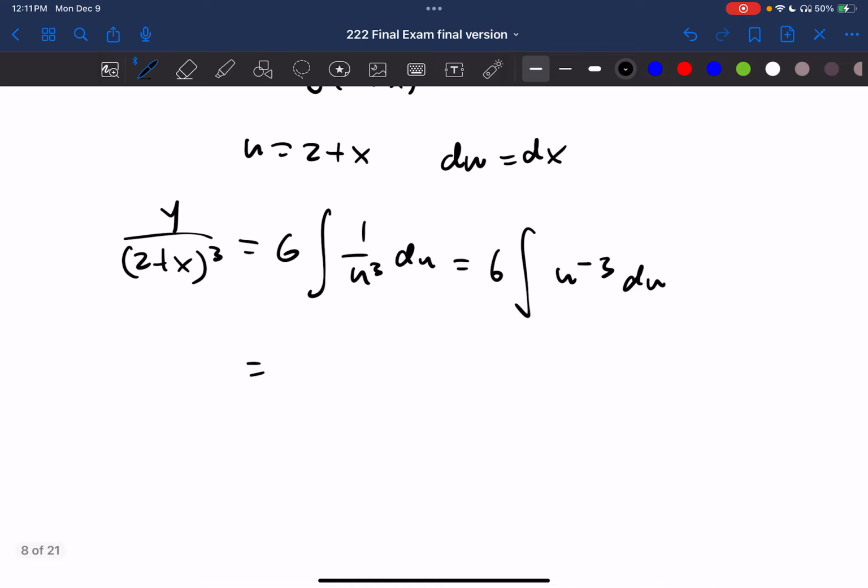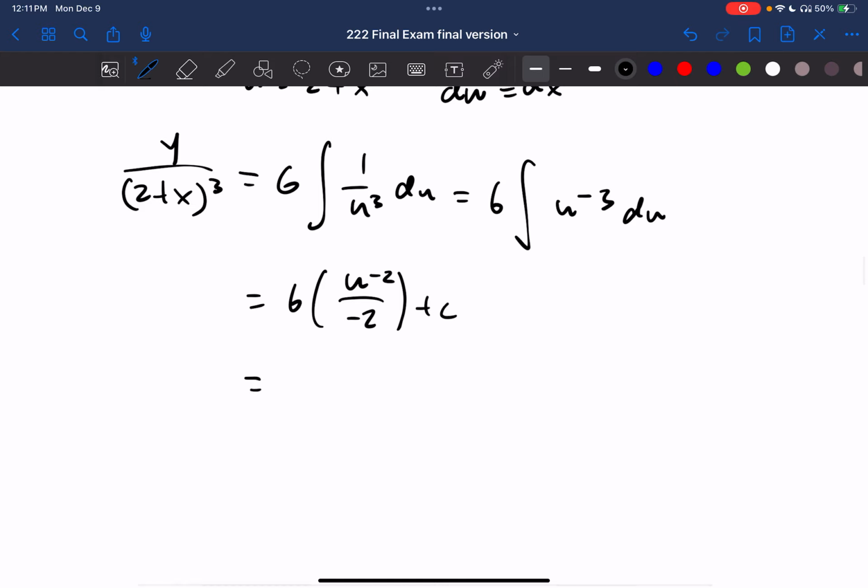Integrating this, we're going to get u to the negative 3 plus 1, which is negative 2, divided by negative 2. So, can't forget the 6, u to the negative 2 divided by negative 2 plus c. This will be equal to 6 divided by negative 2, which gives you a negative 3, and u squared will be on the bottom.